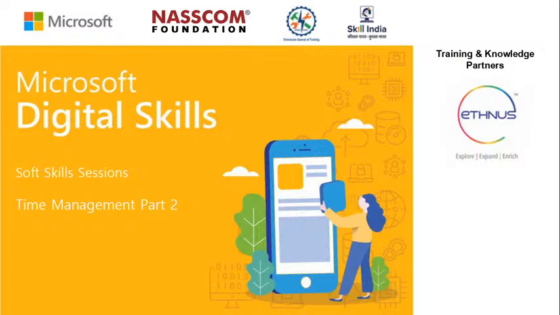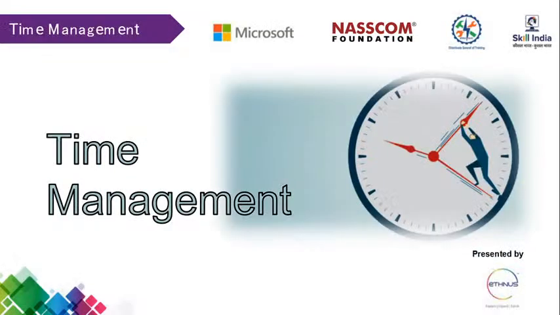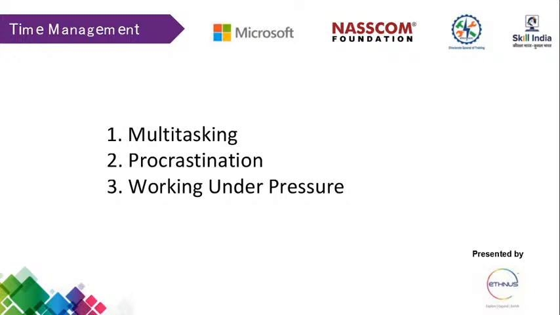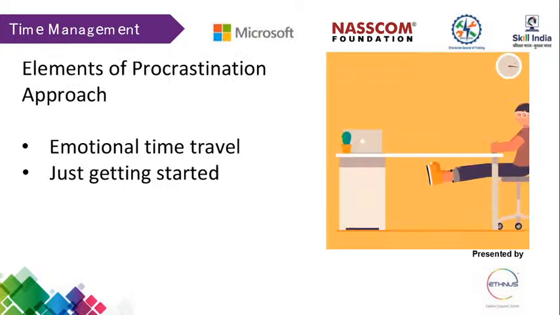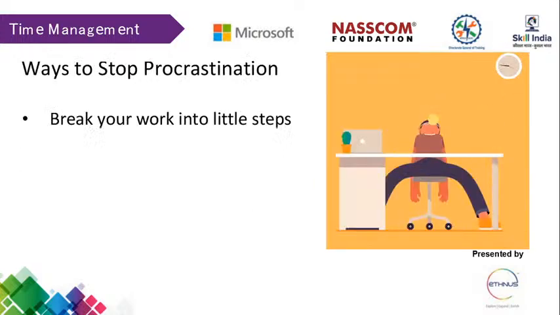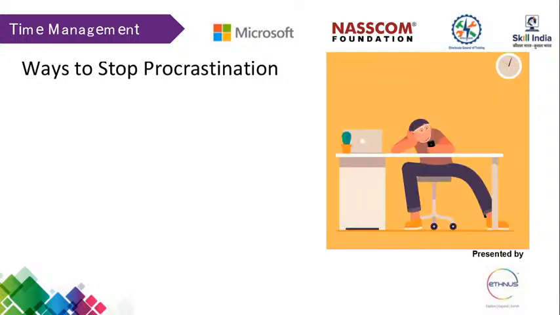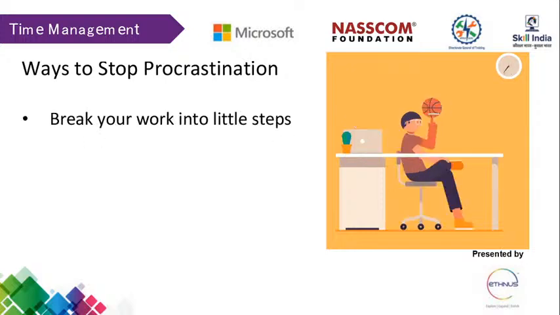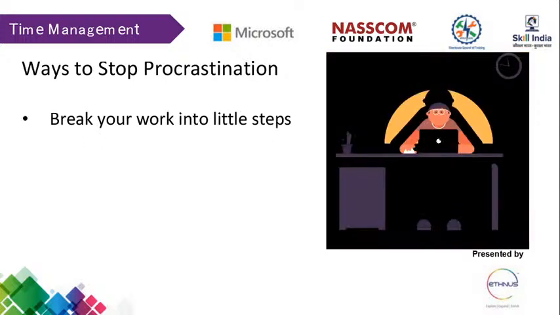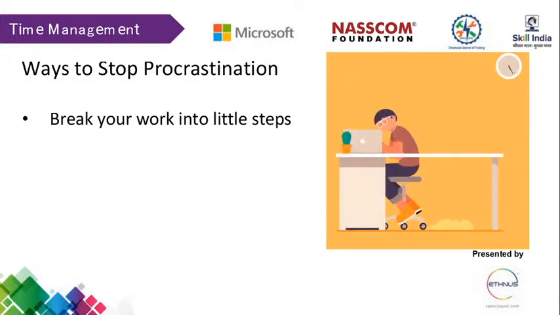So welcome back. Yes, so we were discussing the different ways to stop procrastinating. Let's see the first one, that is break your work into little steps. It's very important to have subtasks.